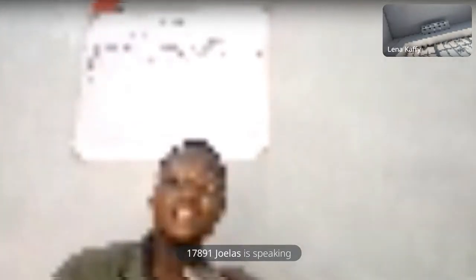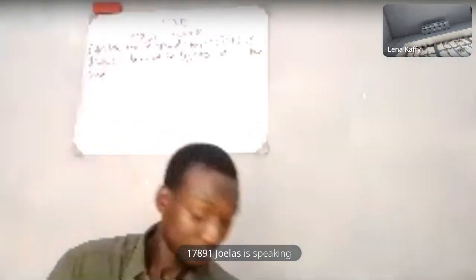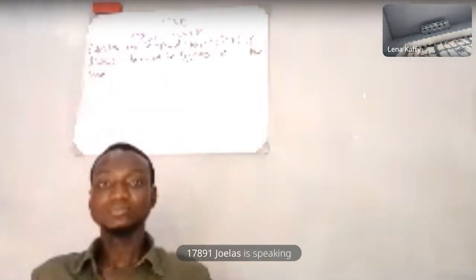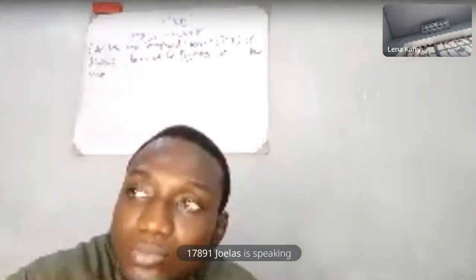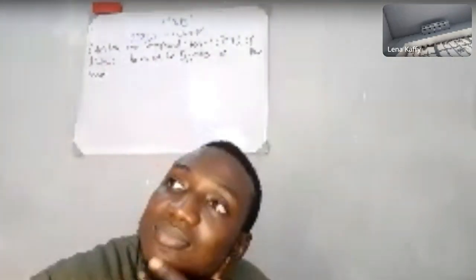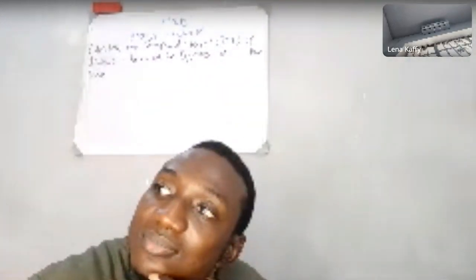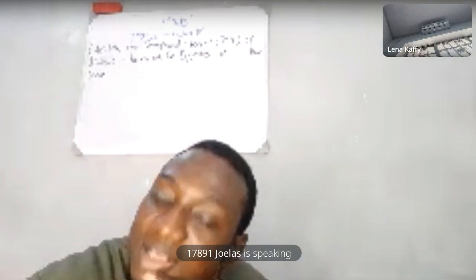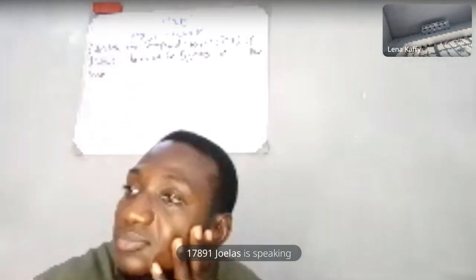But there's a question I wanted to ask. My question was, we have a database and now we have memory. So this database and memory, are they working hand in hand? Because I know the database is where information is stored.